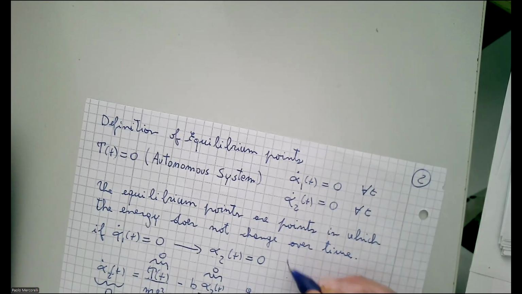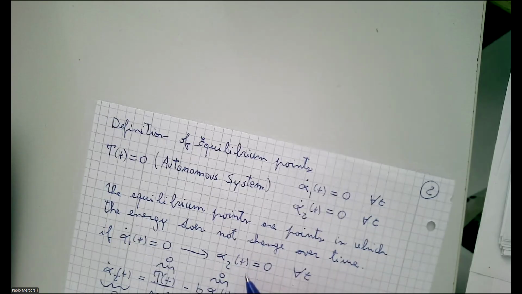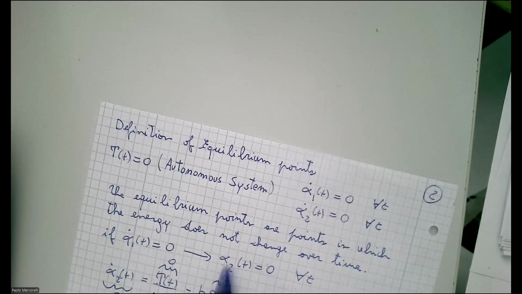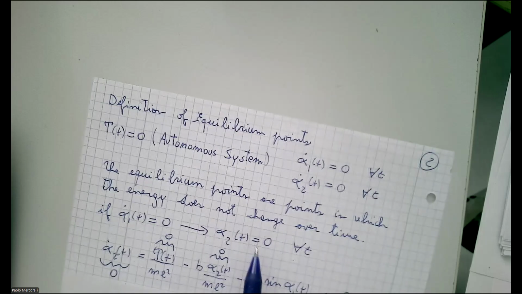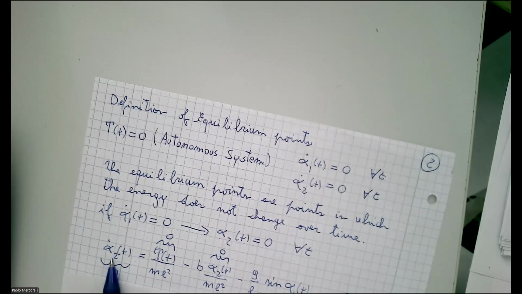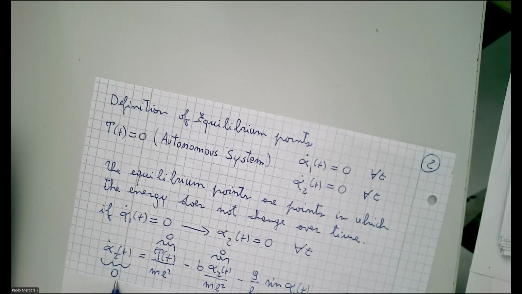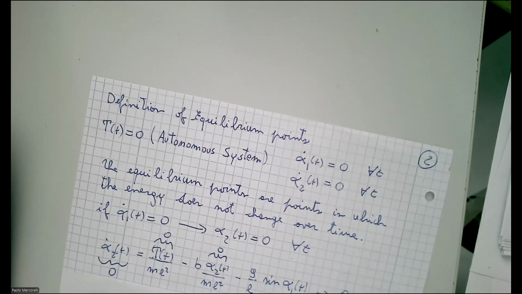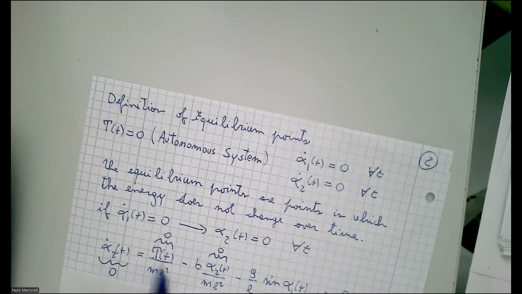Let me write. Because this came from the derivative, alpha 1 equals 0 for each t. This means also for each t. If the velocity is 0 for each t, also the acceleration is 0 for each t. Clear, because it's the derivative of 0 at any time. This means 0, 0, 0.